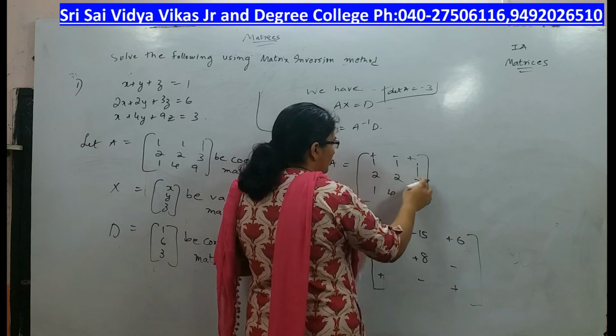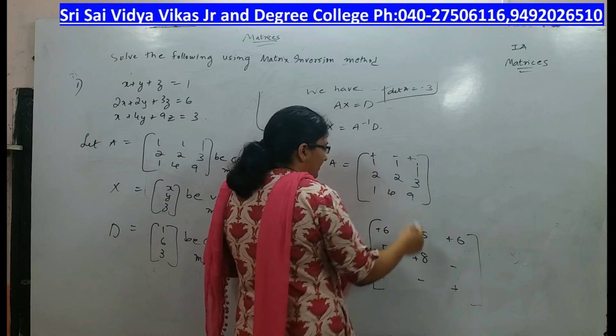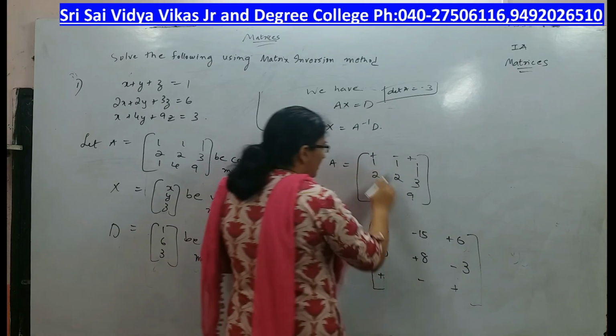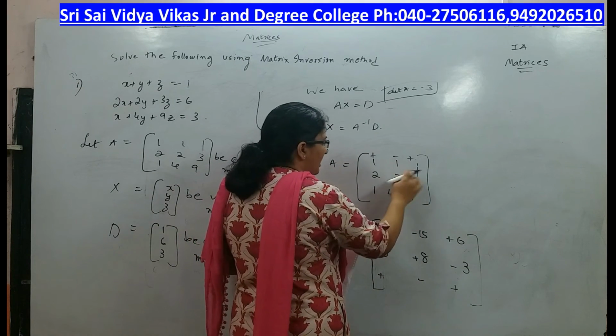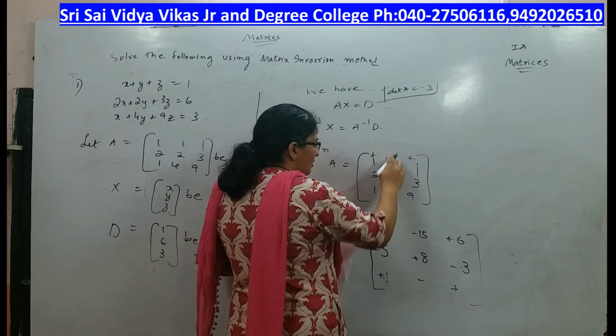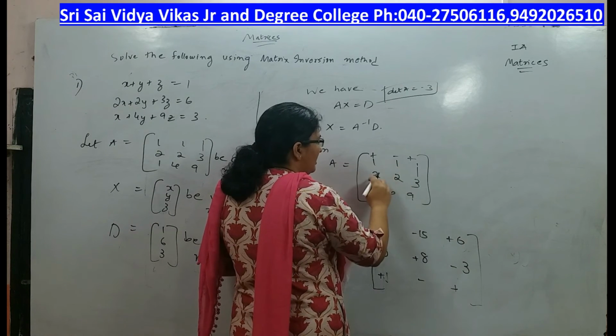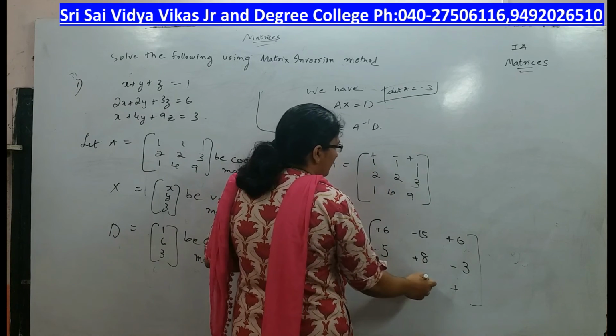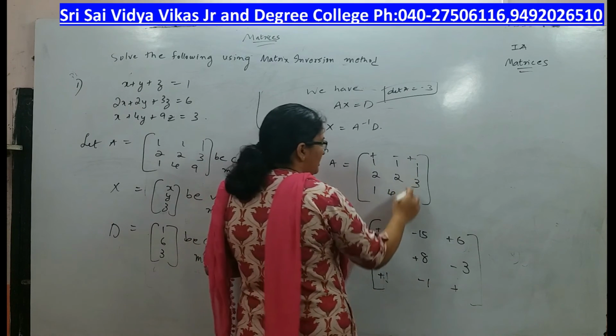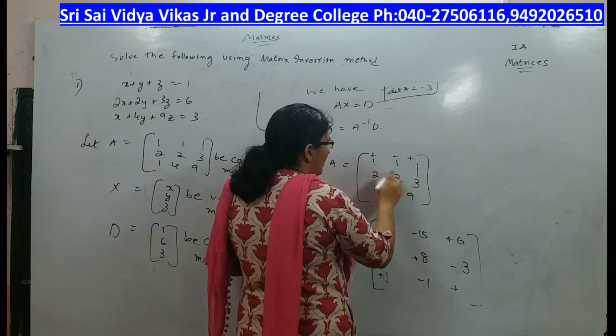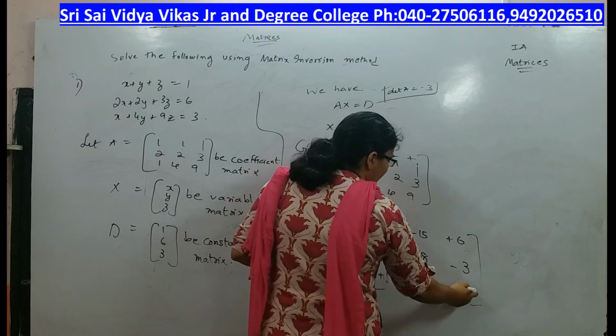Close this column, close this row. 4 minus 1, 3. Close this column, close this row. 3 minus 2, 1. Close this column, close this row. 3 minus 2, 1. Close this column, close this row. 2 minus 2, 0.